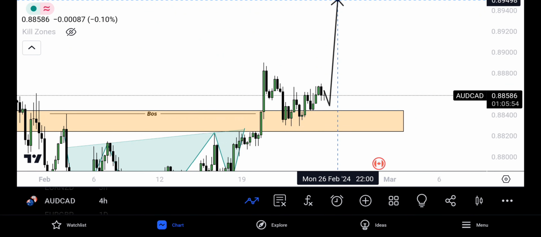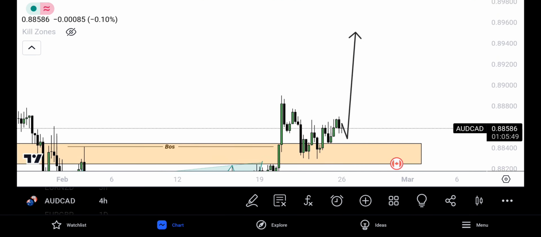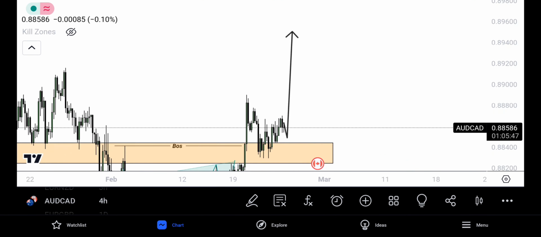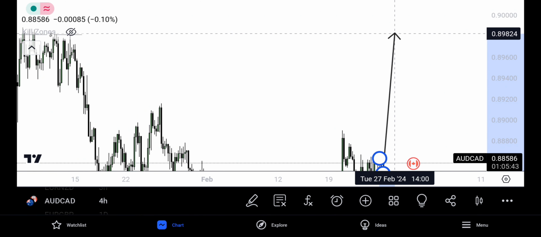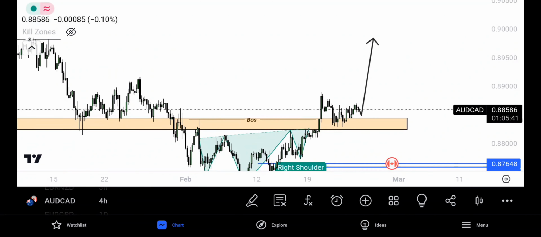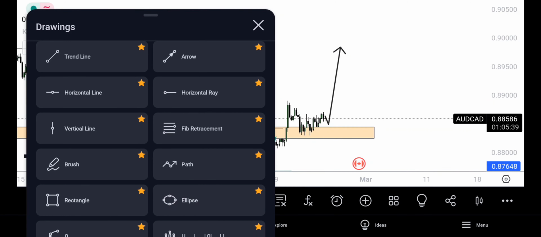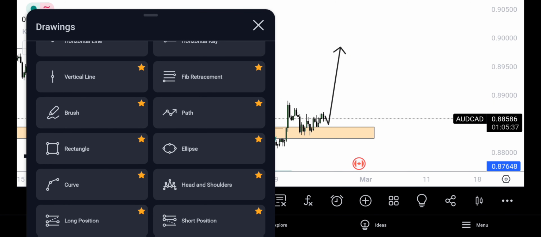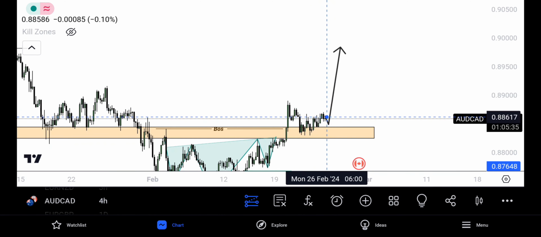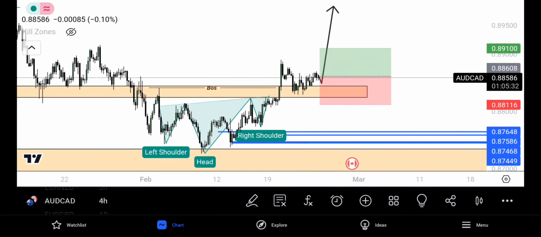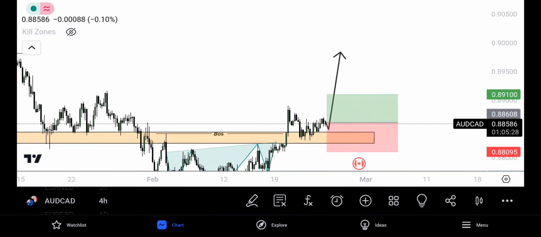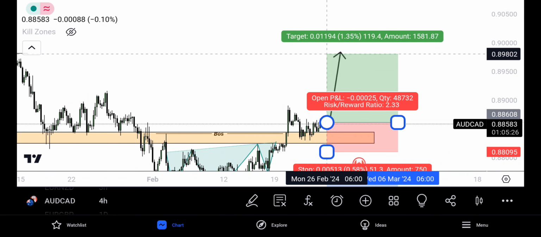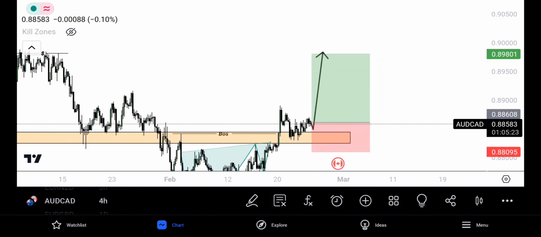So you just look at making a big trade to that level there and make good money, right? Target the available liquidity there, and make good money. So that's it, guys. You can put your long position around here, put your stop loss below this low here, and then just target this level here, right?